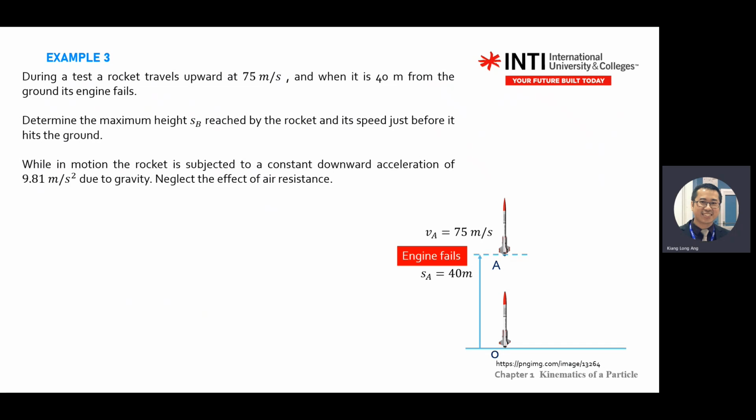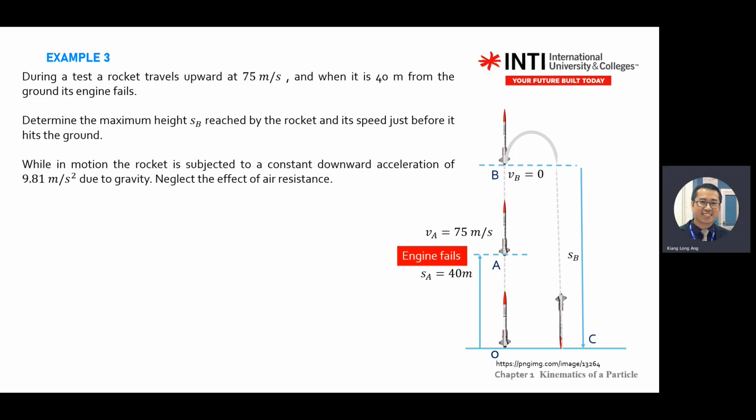So you have a few parameters there. When it reaches velocity 0, that is the maximum point. Then it will ask you to find the speed just before it hits the ground. So you need to find the position from here to here and the speed when it comes down. Before it hits the ground, you need to find the speed at C.